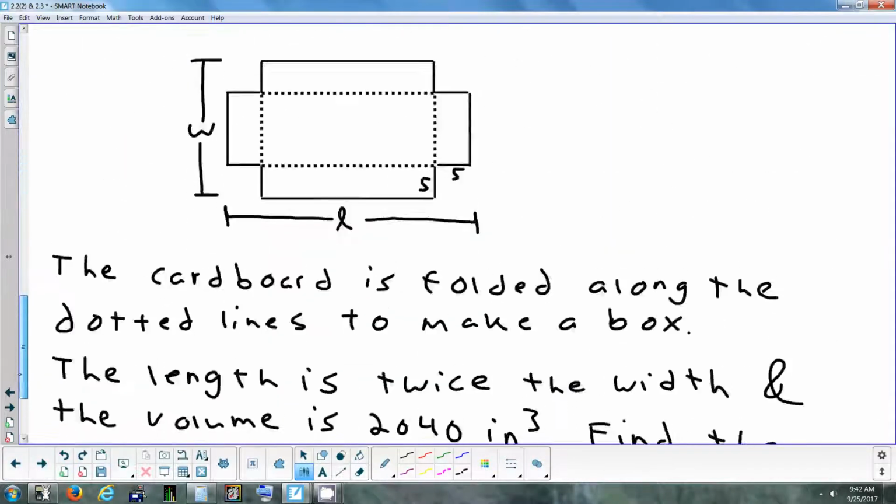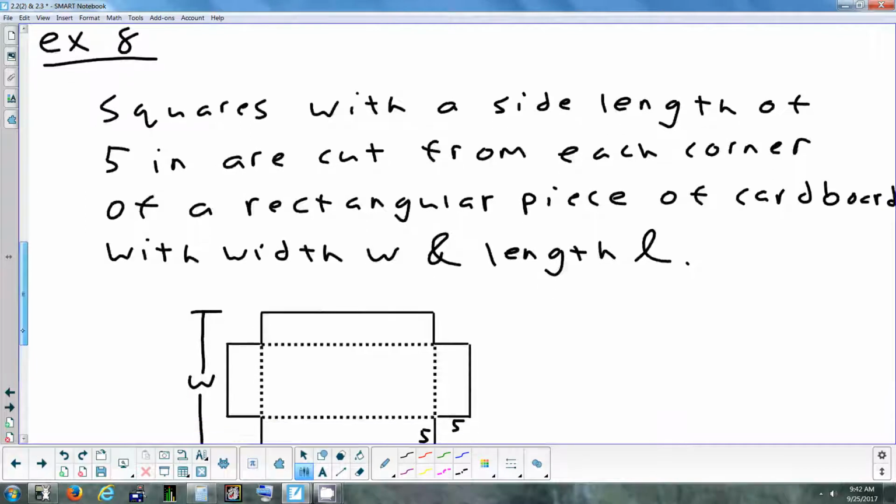All right. Let's finish up with this one. So this is one where you really need a picture to visualize it. What we're doing is we're taking a rectangular piece of material and cutting squares out of each corner. Along the dotted lines, we're going to fold up those sides to make a little tray, okay, with sides on it.